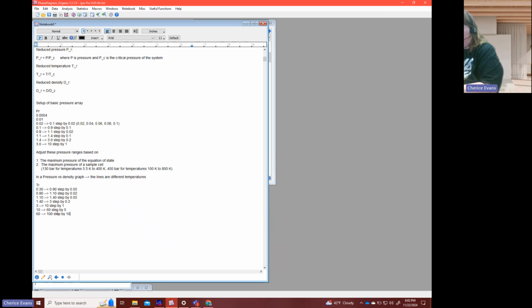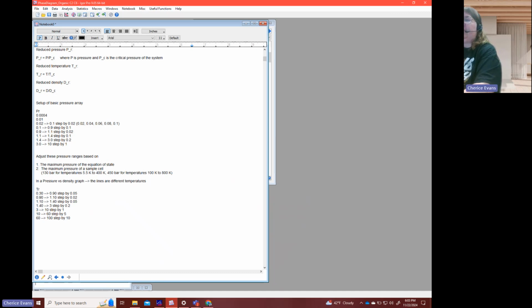The critical pressure is 2 bar, but it's at 5 Kelvin. So I'm going to be in the 130 bar cell, which again is a 26. So I'll go from 10 to 30, step by 5. That should work.